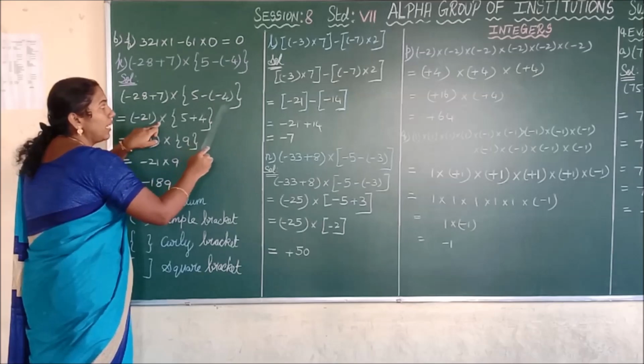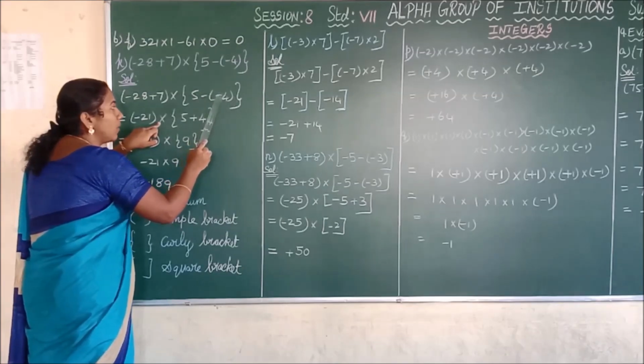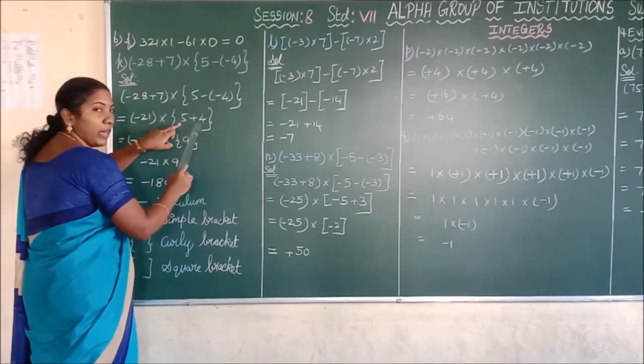Now we are operating this bracket. Okay. Minus into minus is plus 5, minus into minus plus 4.